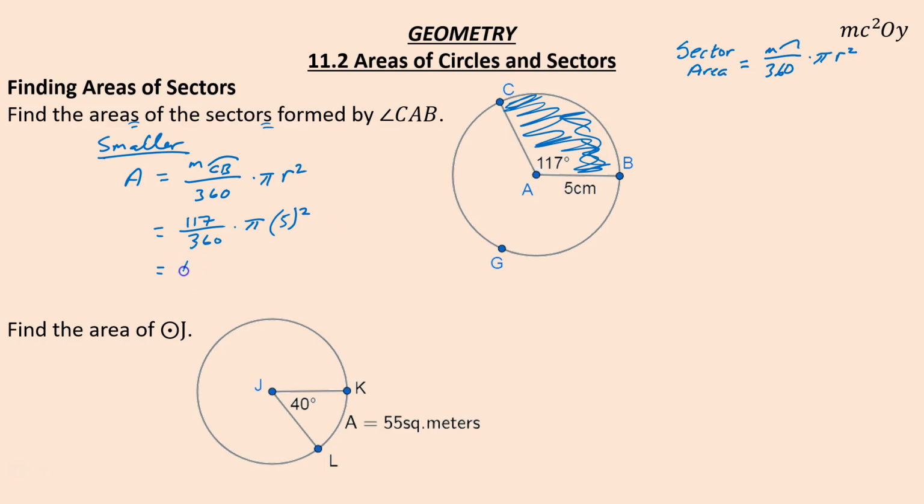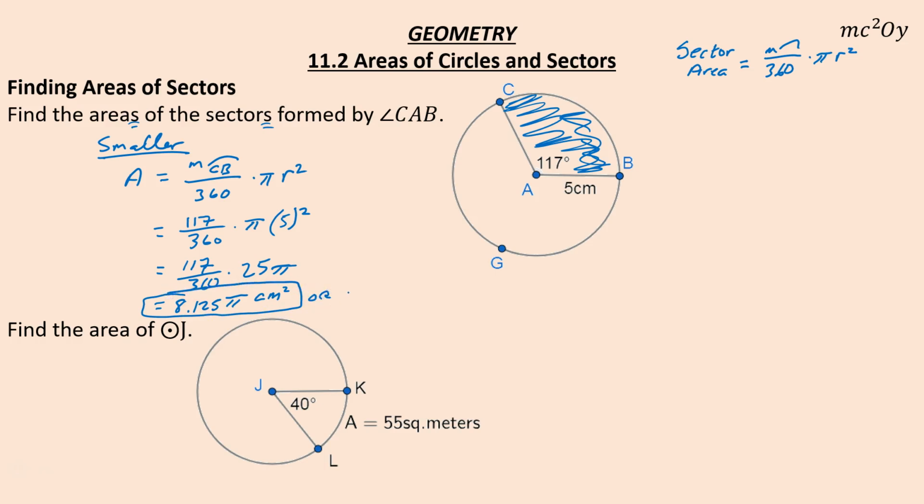That's going to give me 117 over 360 times 25 pi. Which, if you multiply this out, without multiplying out the pi, 117 divided by 360 times 25 gives you 8.125 pi, which is your exact answer. That'd be in square centimeters.